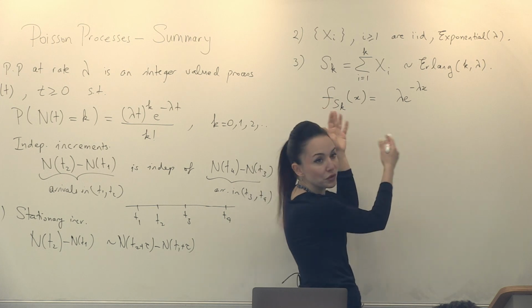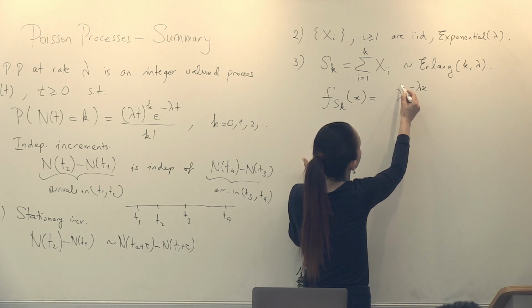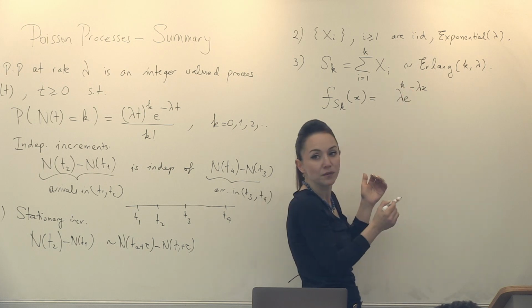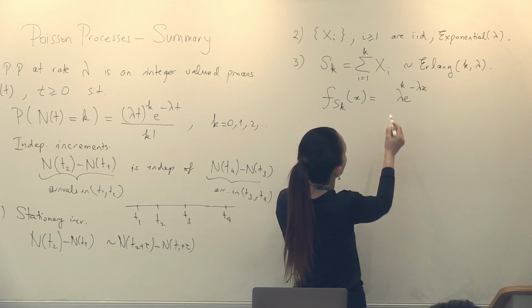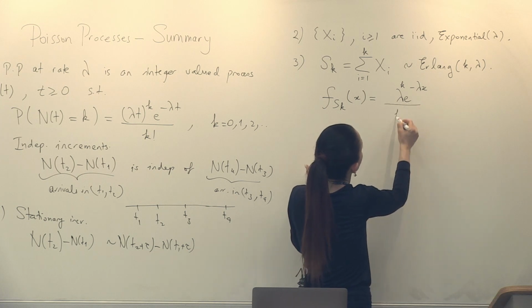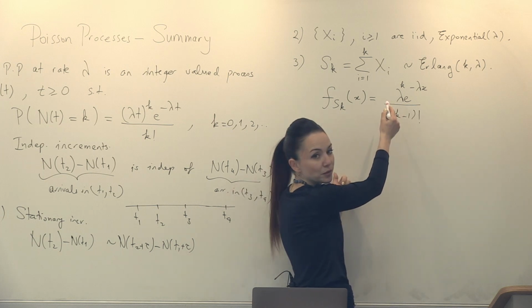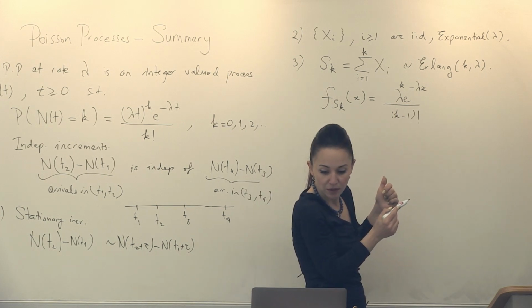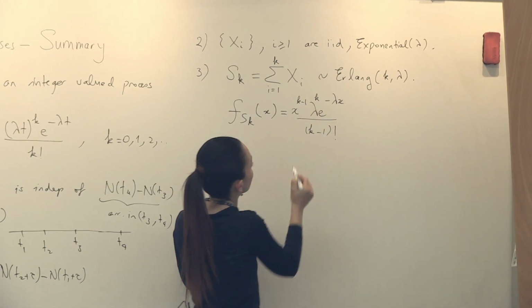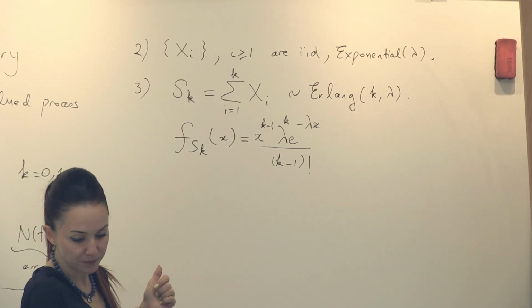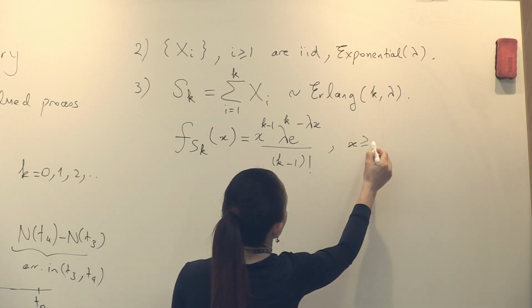Now, in general, when we turn it to Erlang of order k, this lambda is going to take a power k, and I'm going to have k minus 1 factorial here, and x to the k minus 1 as a multiplier. Am I right? Yes. That is for x greater or equal to 0, of course.